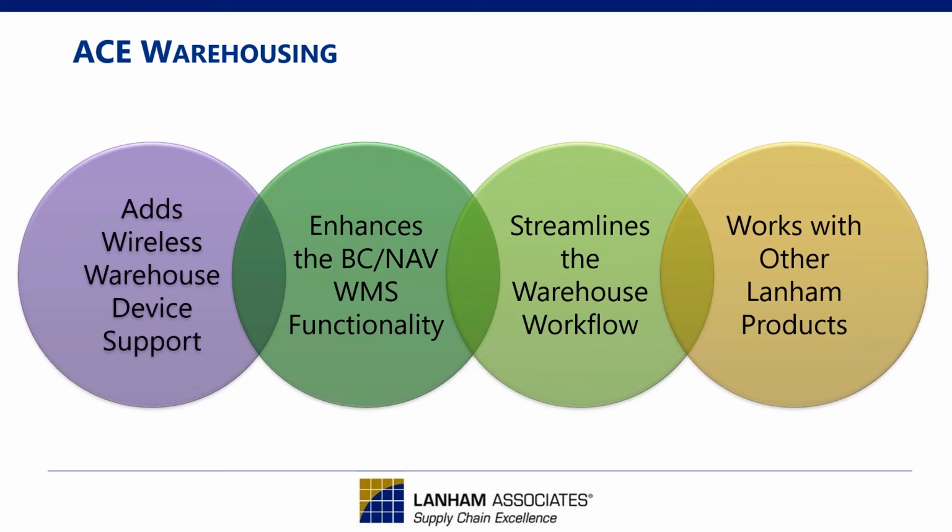There are other solutions out there, of course, but they tend to be just mobile solutions. They've taken the standard Nav business process and extended it to a handheld device, but they really haven't looked closely at the warehouse like we've done to enhance the basic Business Central Nav WMS functionality with little things or big things, and we'll discuss some of those today.